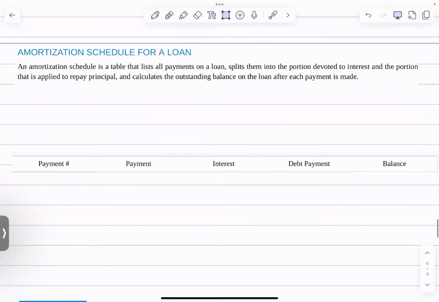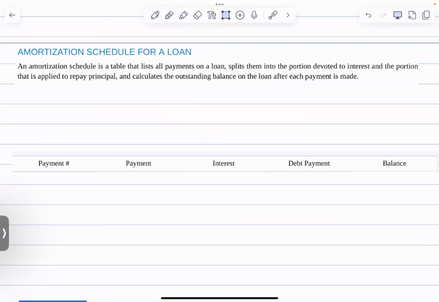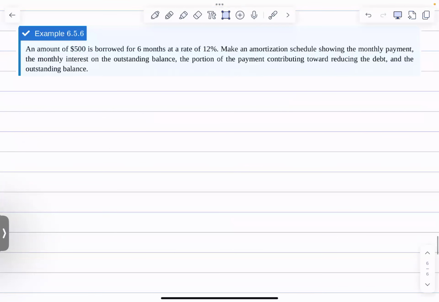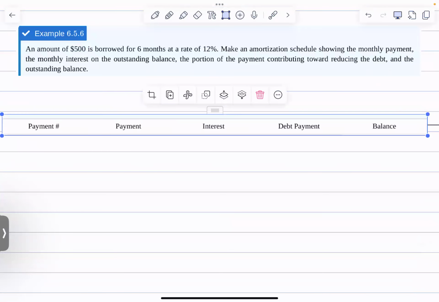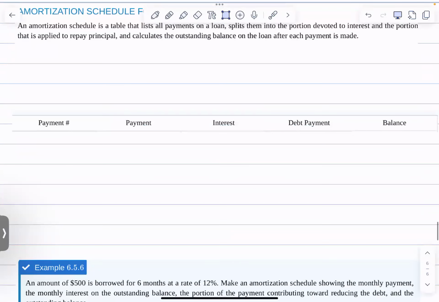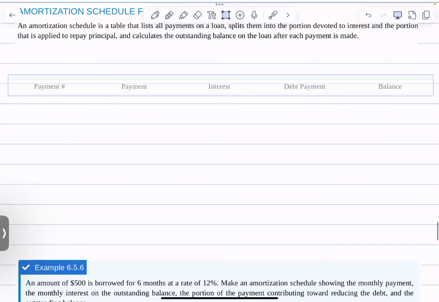And I'll just introduce the actual table, or the bare bones of the table.